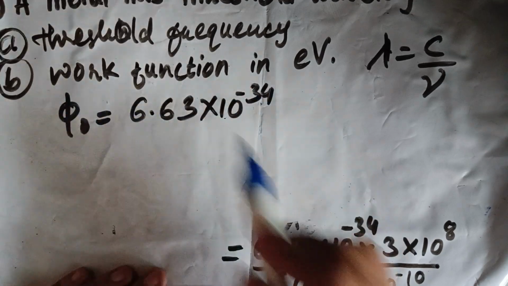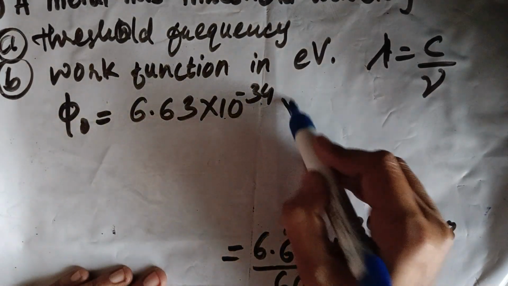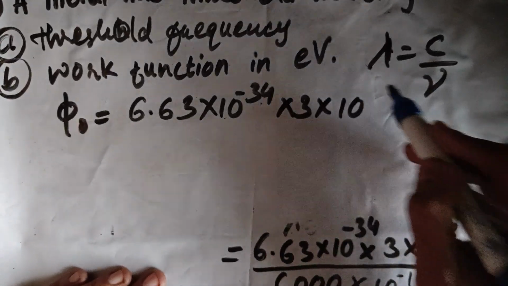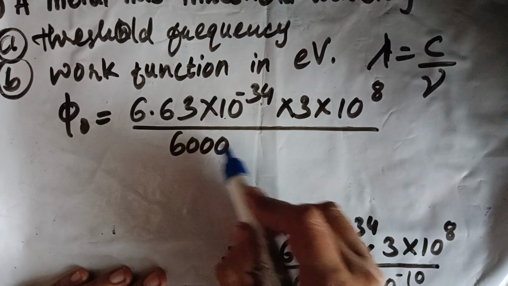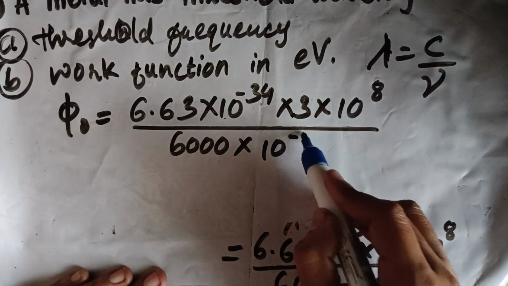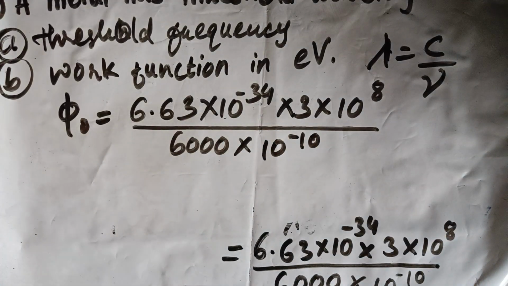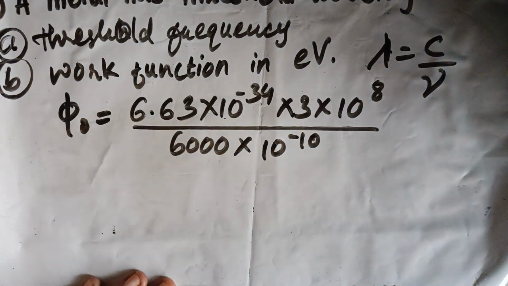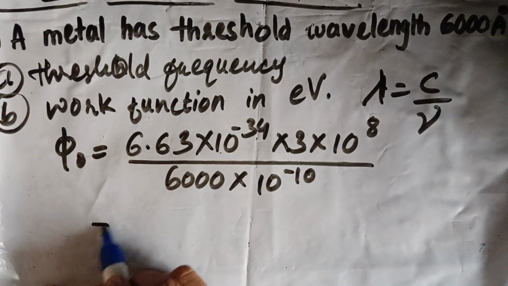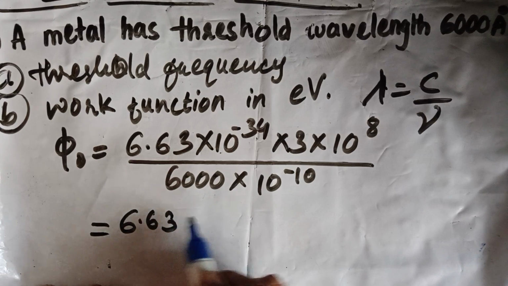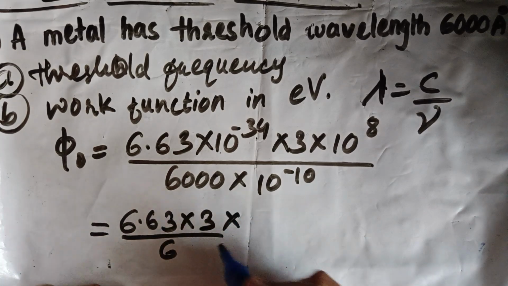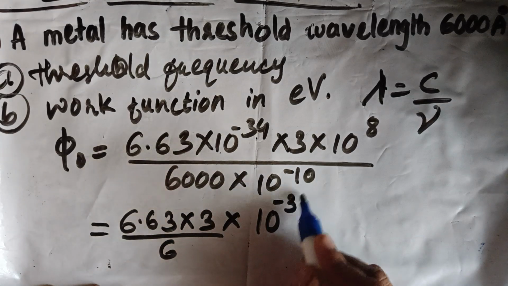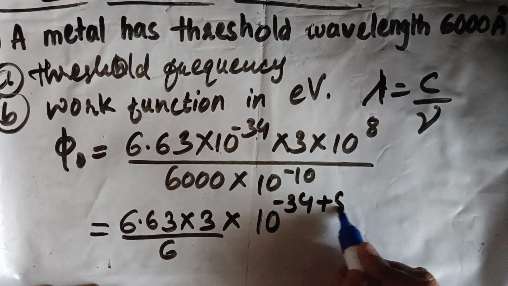I solved the B question, that is the work function. So I will take this 6.63 into 3 and write here about 20. 10 raised to minus 34 plus 8.